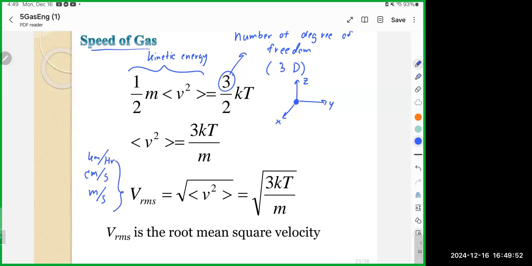Here is the unit of v_rms, which is better than v squared, because v squared is meters squared per second squared or centimeters squared per second squared. We are not used to this unit, but the unit right here is more practical for us to understand.